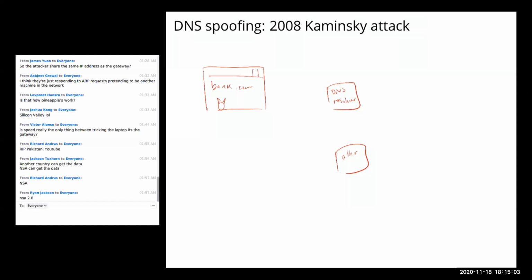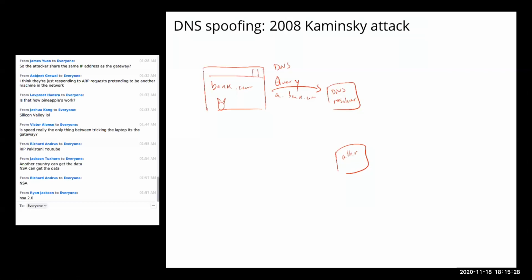We don't have to be in your browser, but that's one way to force a DNS request for bank.com, because that's the thing we want to forge. So what do we do? We send a DNS query to our local resolver, and the query is for a.bank.com, let's say.